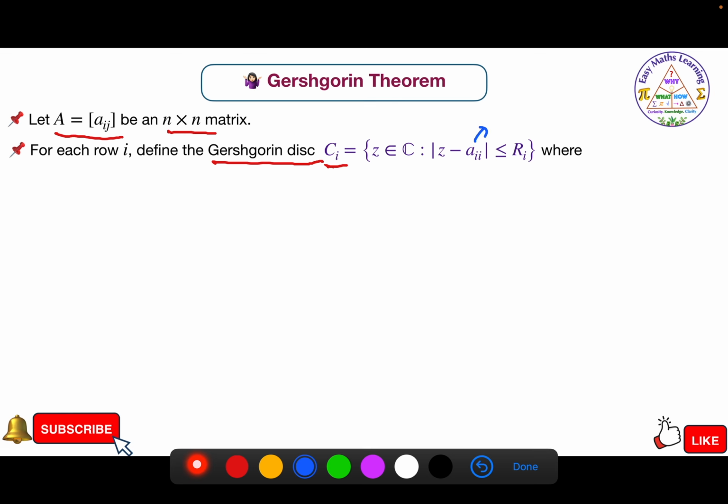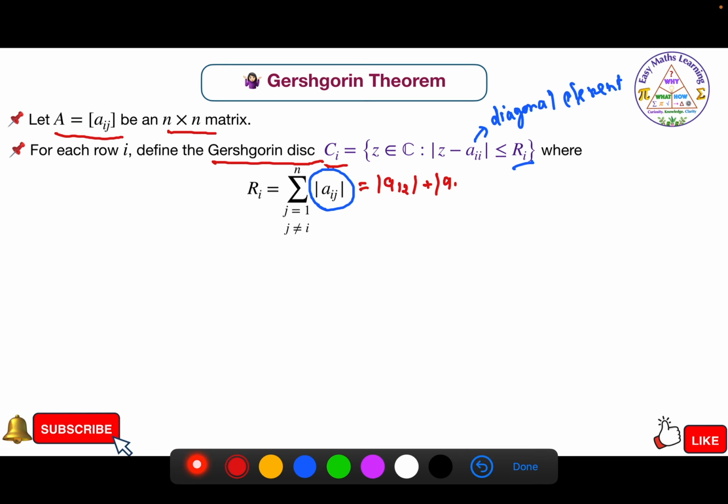In this inequality, aii is the diagonal element of the matrix. And what is Ri? It is defined as the sum of the absolute values of the non-diagonal entries. So we can write it as modulus of a12 plus modulus of a13 and so on, up to modulus of a1n.